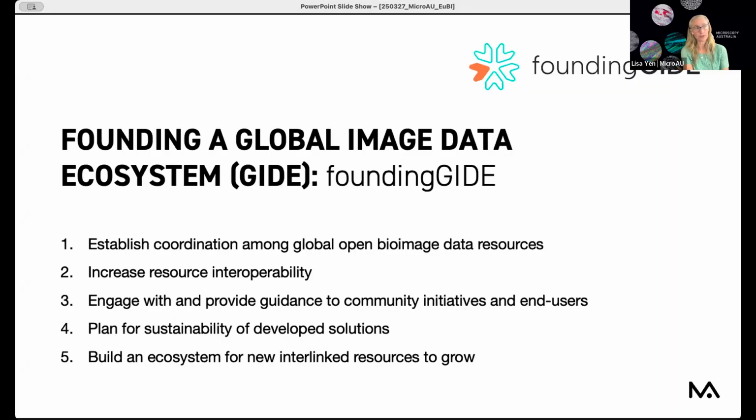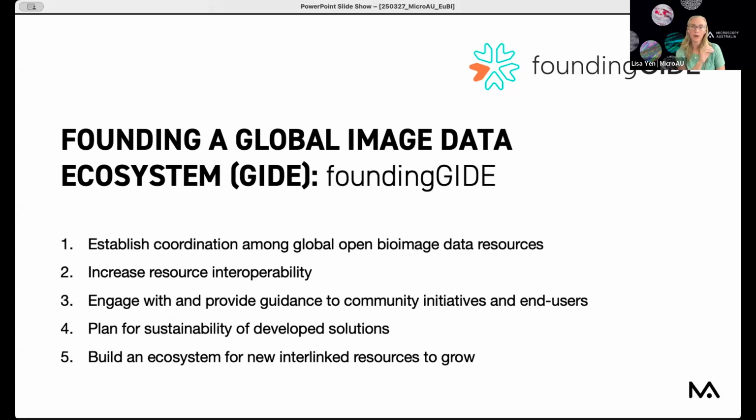I wanted to finish off with two more references, the first being FAIR Guide, a global image data ecosystem. Not stealing anyone's thunder, because I know there are presentations still to come, but I see these as some of the broader international things enabled through Global BioImaging, where we try to think about what we can do to increase our ability to have FAIR data: findable, accessible, interoperable, and reusable.